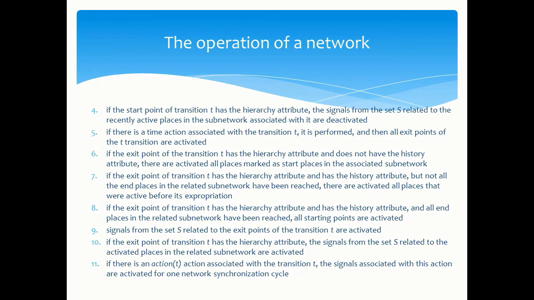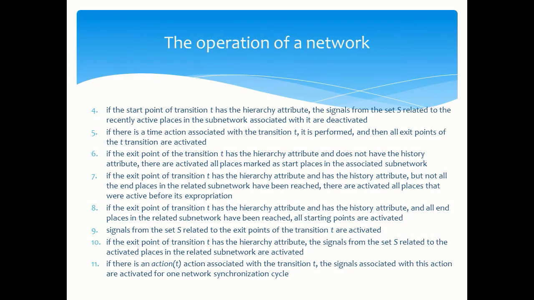6. If the exit point of the transition T has the hierarchy attribute and does not have the history attribute, there are activated all places marked as start places in the associated subnetwork. 7.